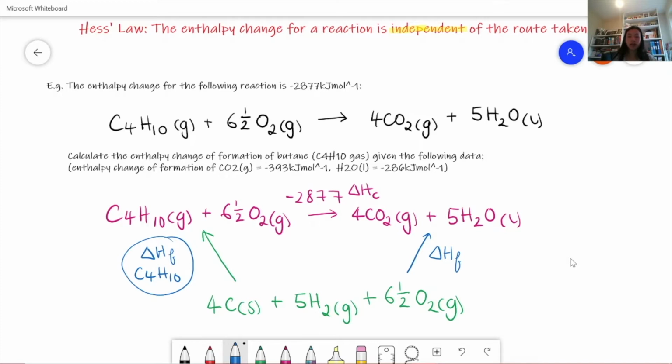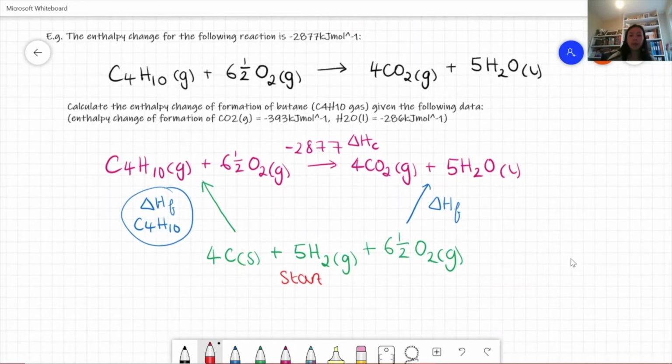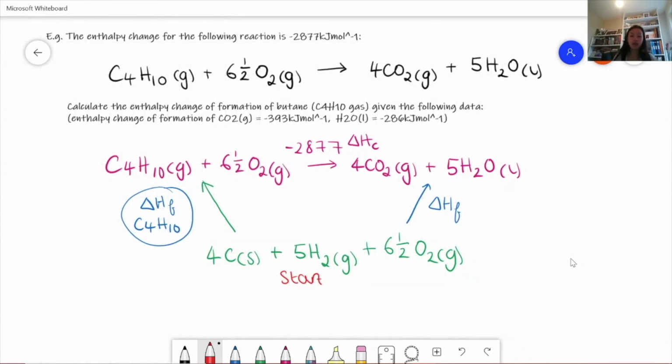And we're going from the start to the finish. So we can call this the start and we can call this the finish. Because no matter how we get to the finish, we should get the same enthalpy.